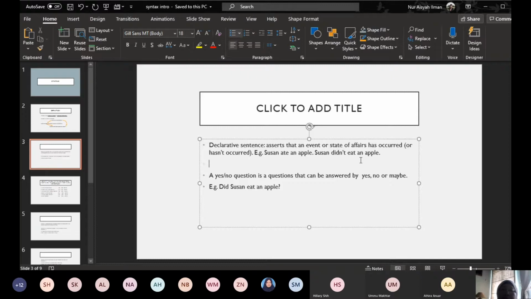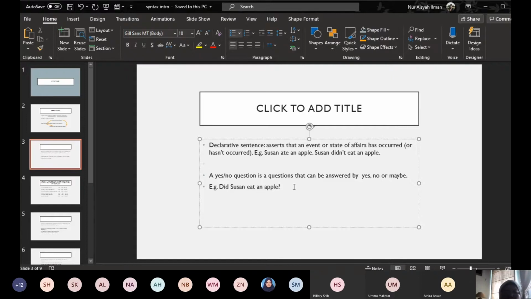So the actor ate the apple. It is the predication of eating an apple again. So this is a declarative. So a declarative usually asserts an event or state of affairs, whether occurred or not.